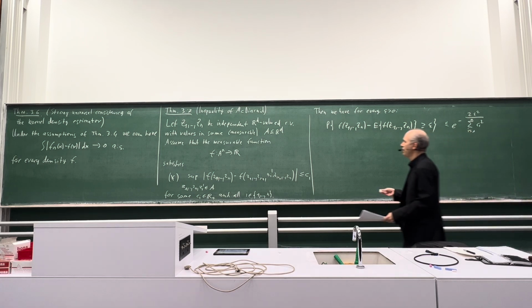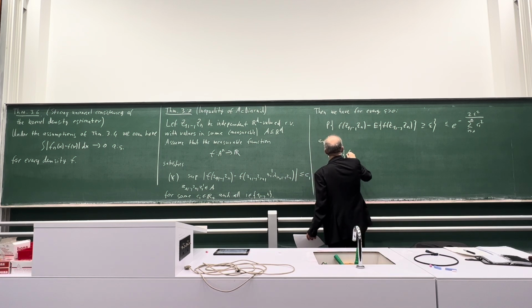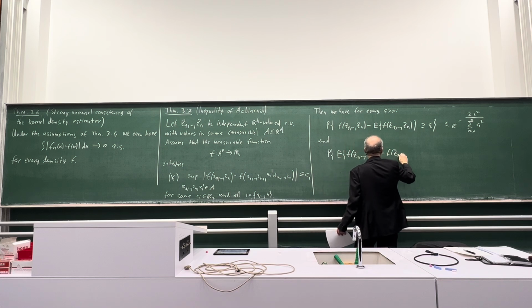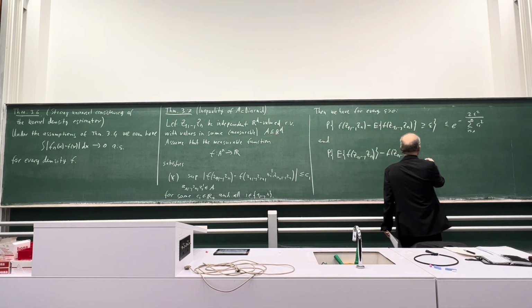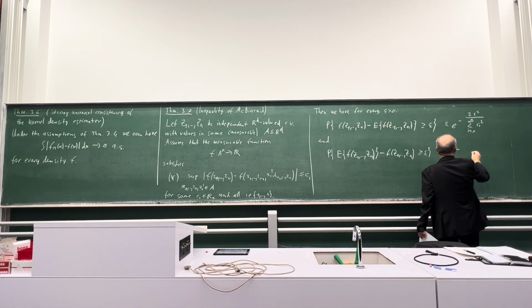So the probability that the expectation of f(Z1, ..., Zn) minus the random variable is greater or equal than epsilon is also less than this term.